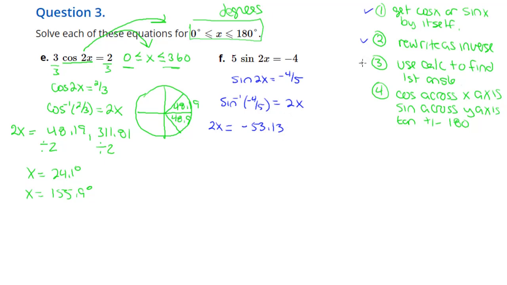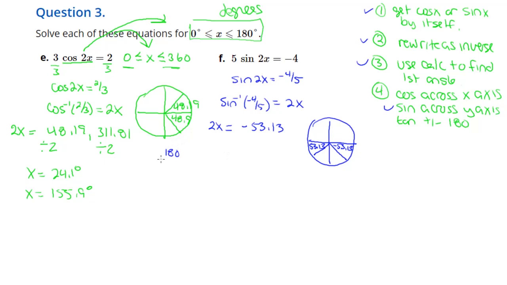And I'm going to go to the unit circle, and I'm going to find another angle. So I graph this one. If it's sine, it's going to be across here. And you'll notice I'm not worrying about dividing by 2.